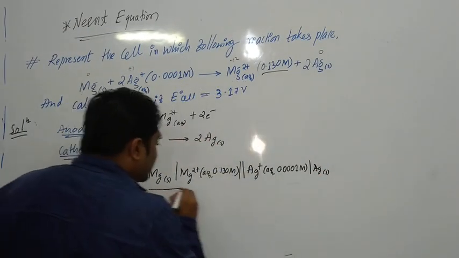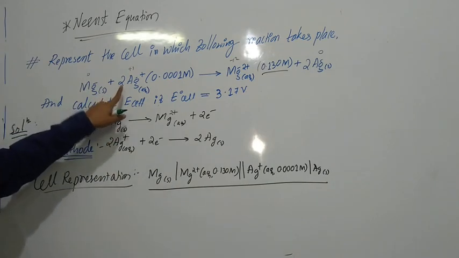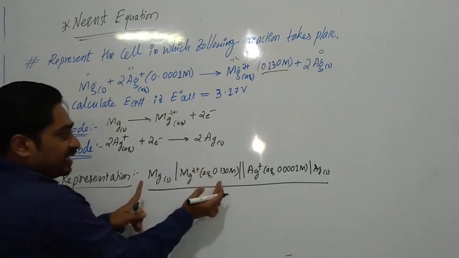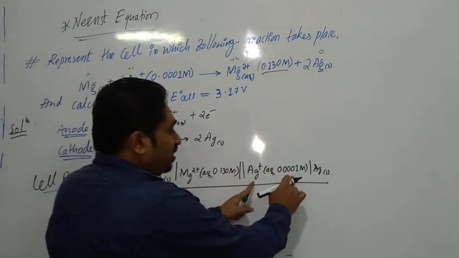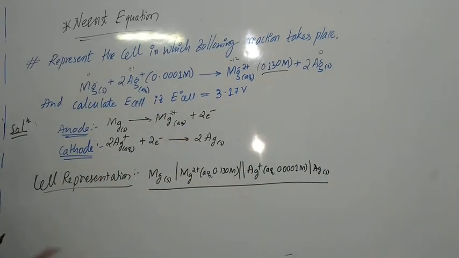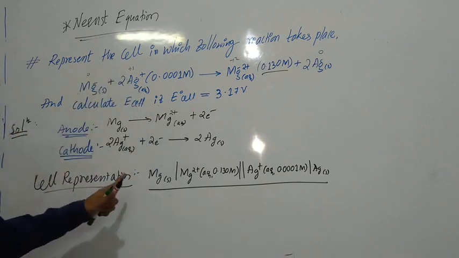So this is my cell representation of the given equation. According to this equation we can construct a cell like this. This indicates that the magnesium electrode is taken at the anode and the silver electrode is taken at the cathode. The first part of my question is over. I have represented the cell clearly.